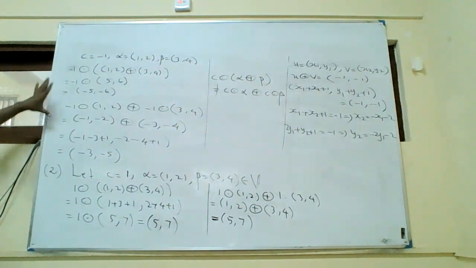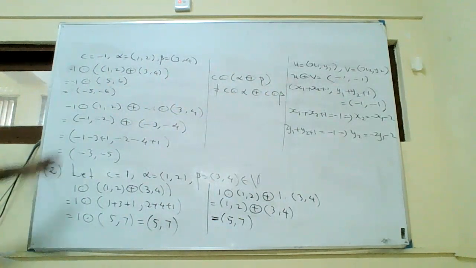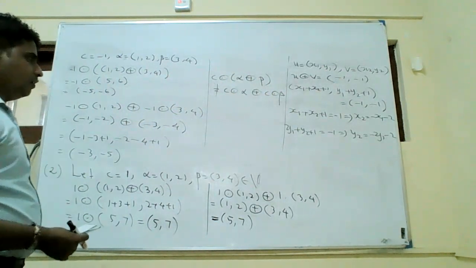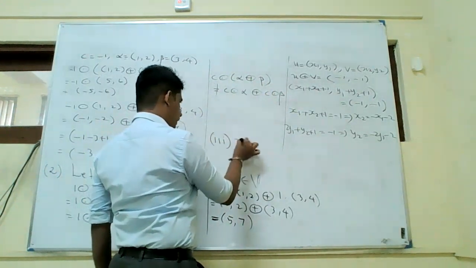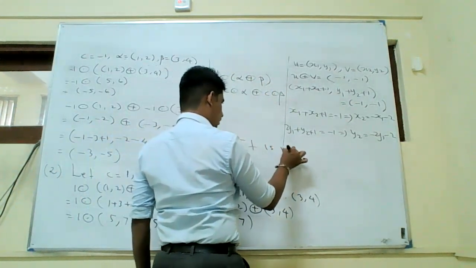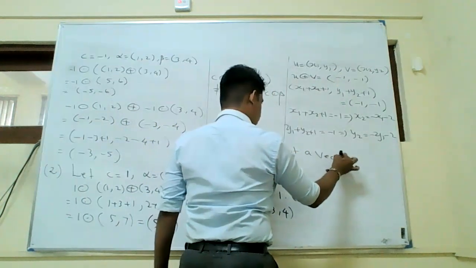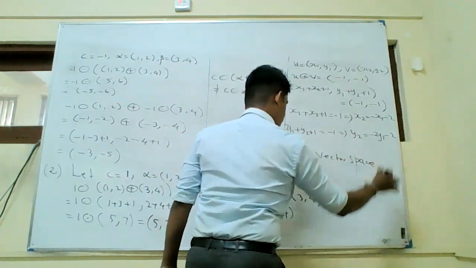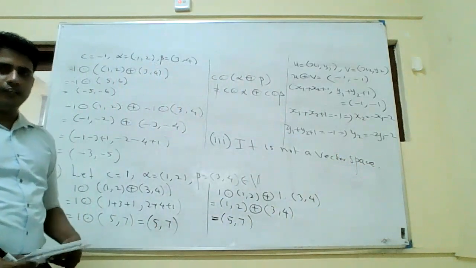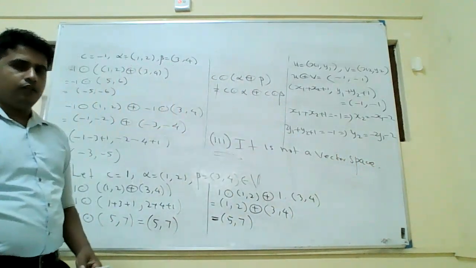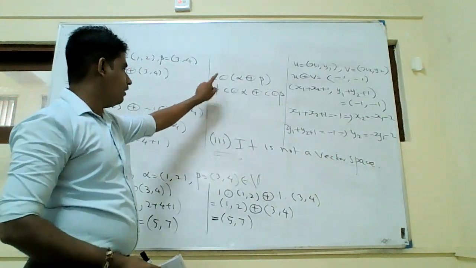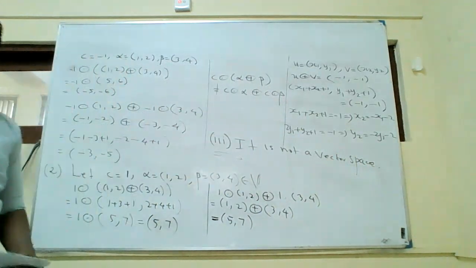So one of the axioms of the vector space is not satisfied. Therefore, the answer to the last question is that it is not a vector space, because one of the axioms is not satisfied.